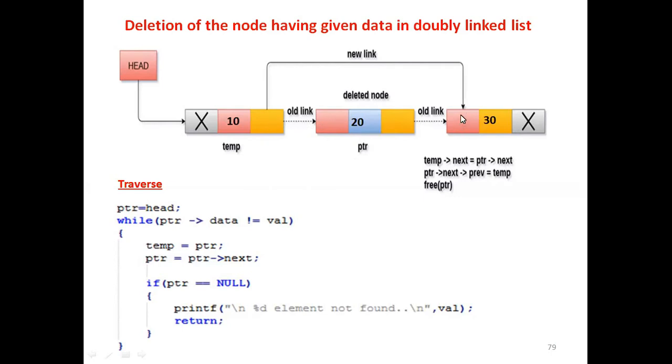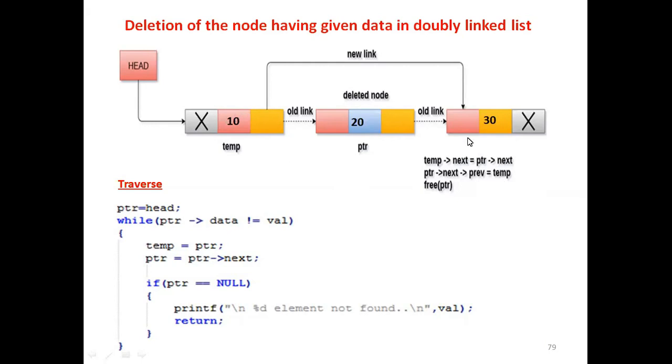So this way you can update this value. Similarly, how to update this value? This is the previous field of this node. So this field should contain the address of this node. This node's address is present in temp. So this field can be accessed by using PTR arrow next, arrow previous. So PTR arrow next means this node, arrow previous means this field of this node, equals to temp. Why temp? Because temp contains the address of this one.